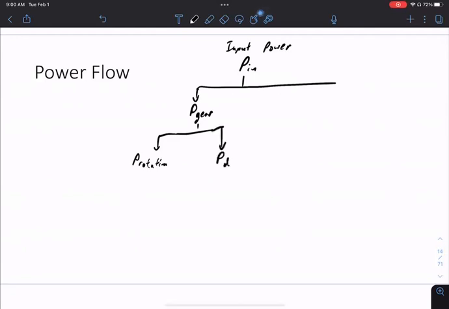And then we have the developed power. So the added branch, that's the injected power. So this will be PR, right? So we're injecting some power into the rotor. So PR is also part of the total input power to the system.